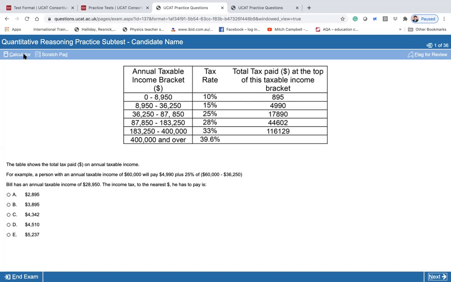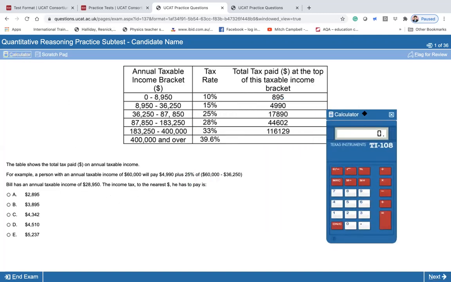So he will be paying 15% of 20,000, which comes out to be 3,000. And you will be adding 895 to that, and that comes out to be 3,895. So you will have B as the right answer.